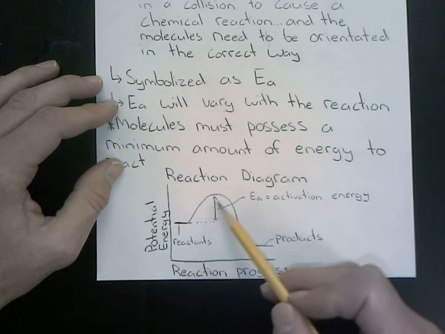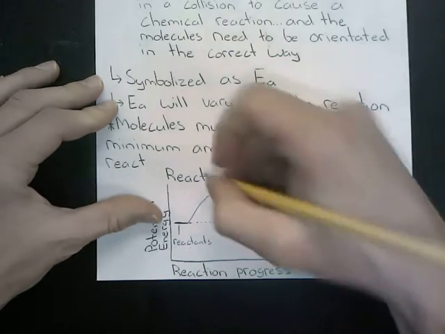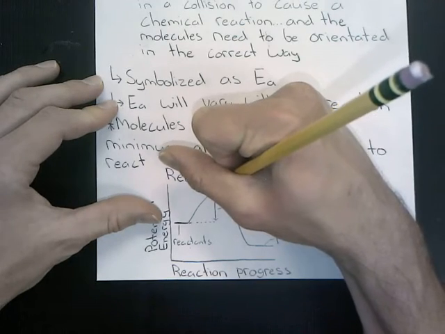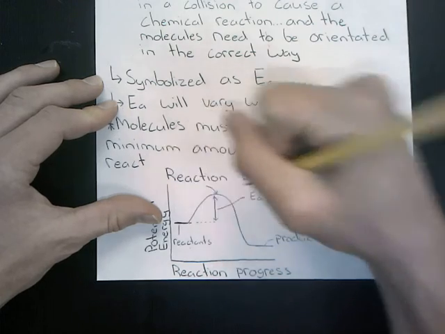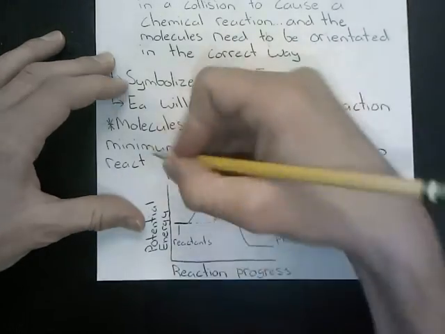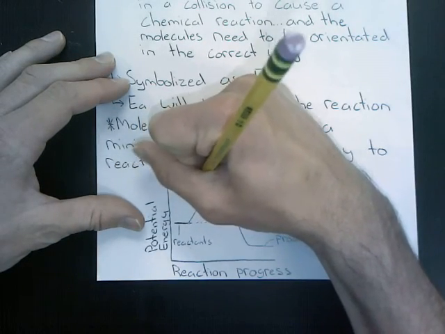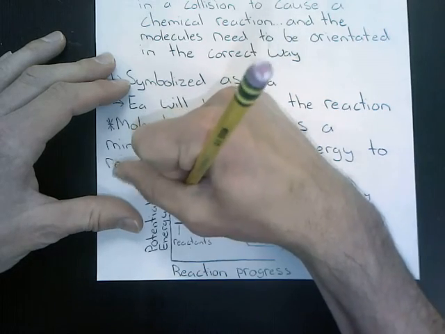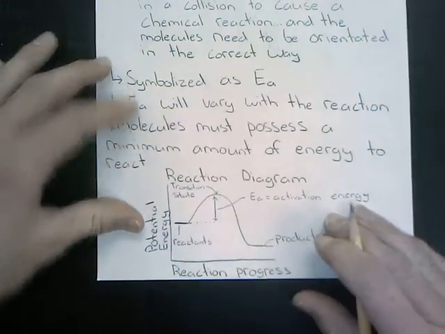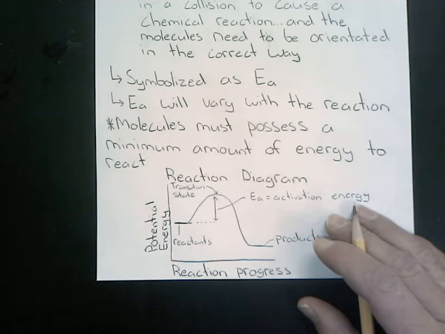Now, if a reaction reaches that minimum amount of energy, what happens is this. Right at the peak, the reaction has reached the activation energy. We then begin to go through a transition state, in which the reactants are becoming products.